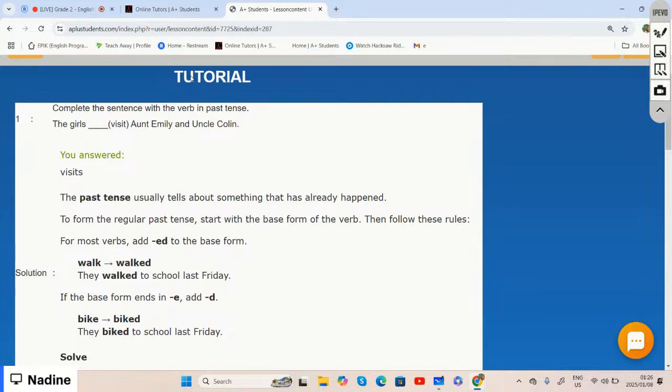So the girls visit Aunt Emily and Uncle Colin. We need to change that word in bracket, visit, to the past tense.